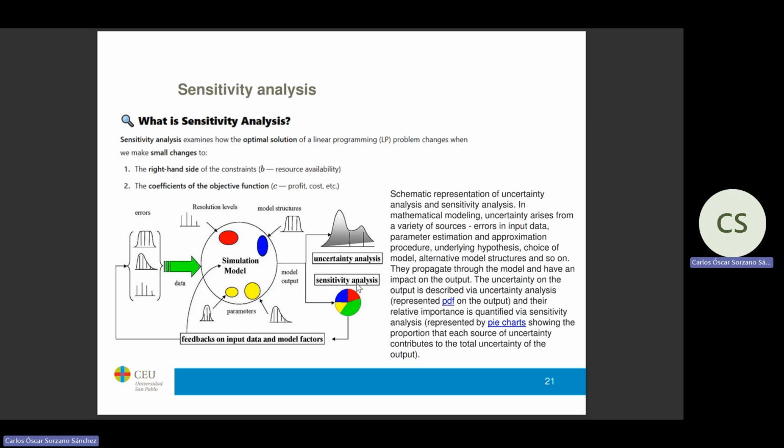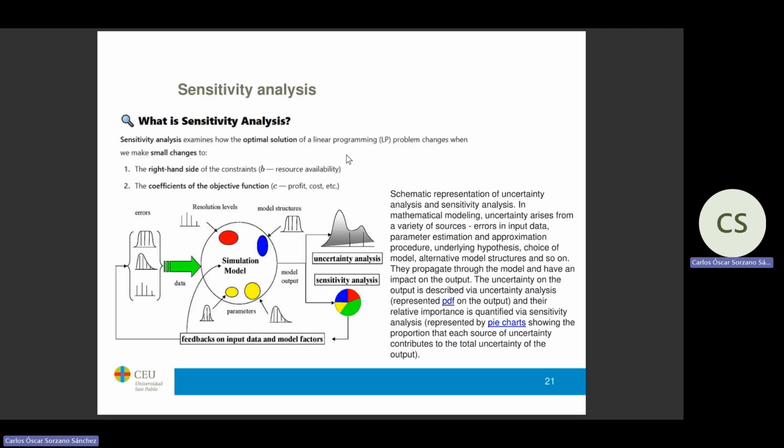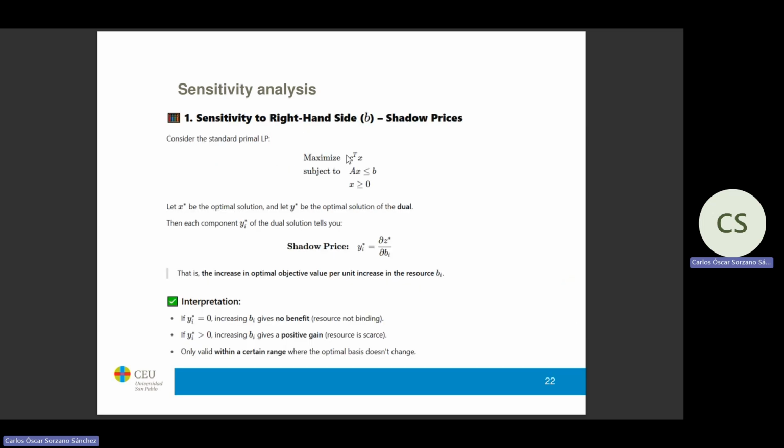Sensitivity analysis is how each one of these constraints translates into changes in your variables, how much each contributes to this uncertainty. All the coefficients that we have here, this 100, this 180, are subject to errors. So how do these errors translate into my solution? This is in general the concept of sensitivity and uncertainty analysis.